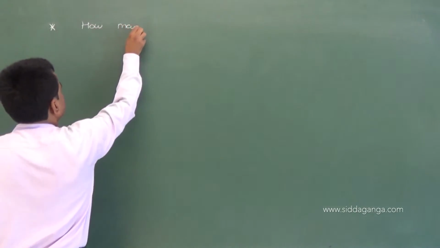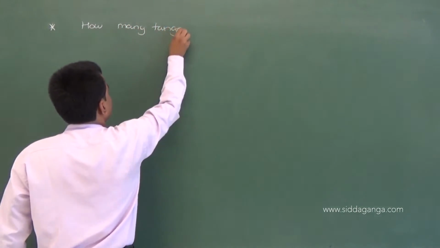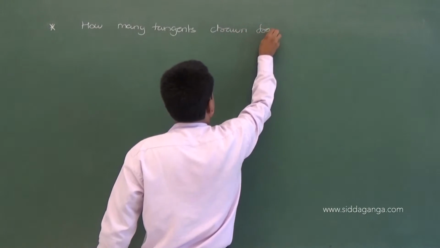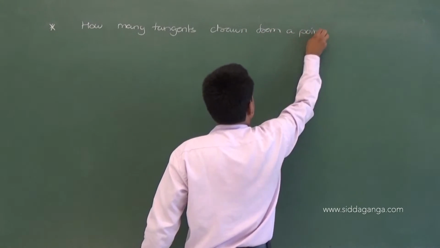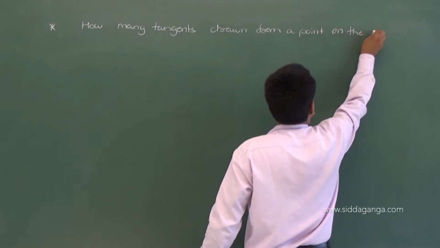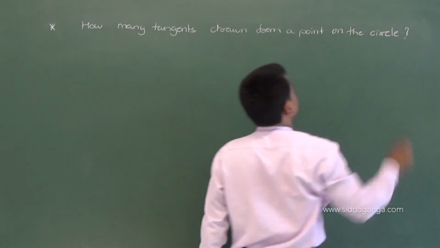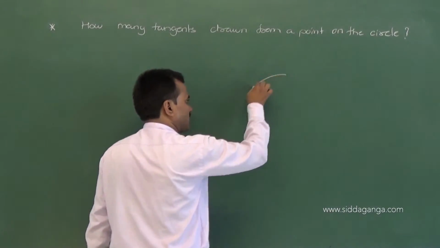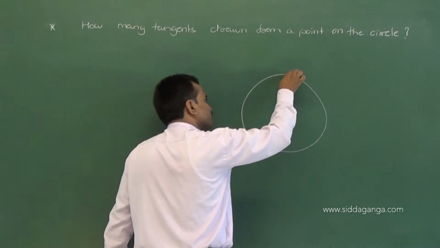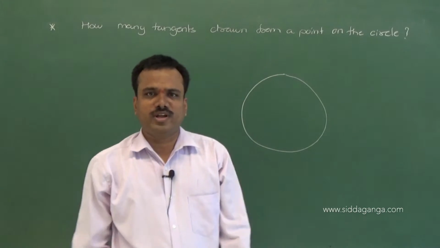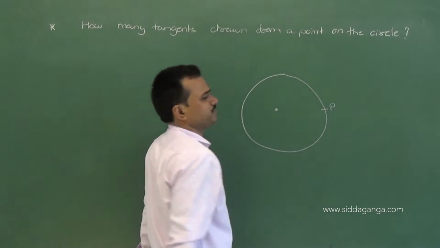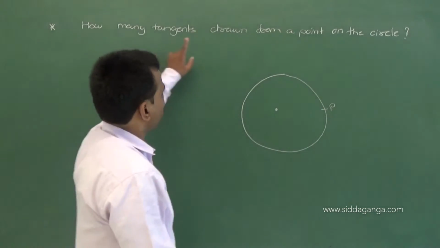How many tangents can be drawn from a point on the circle?